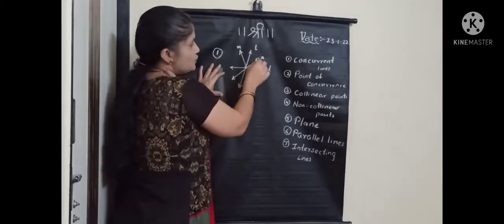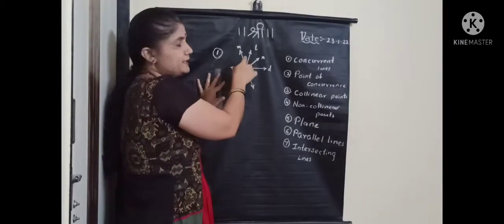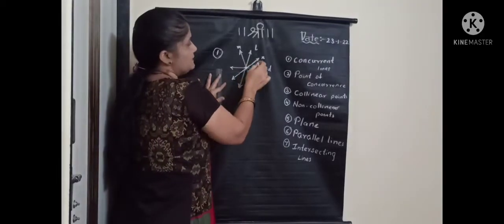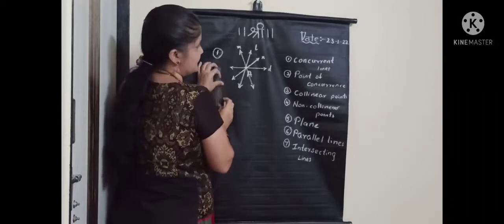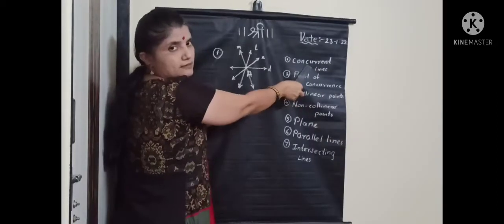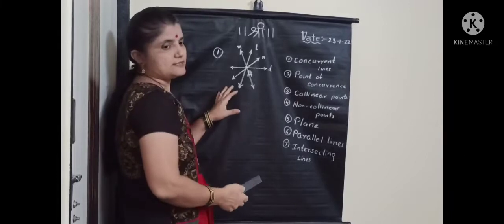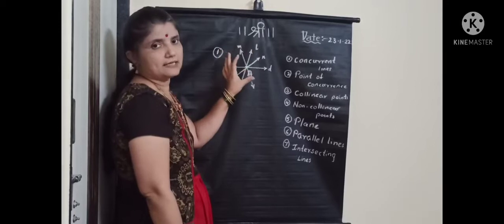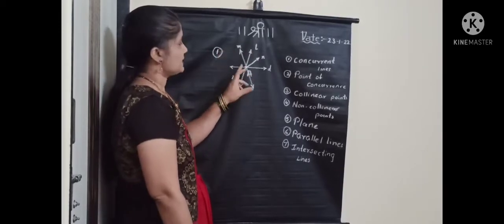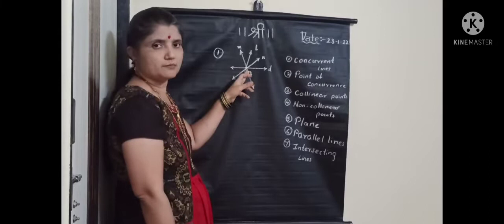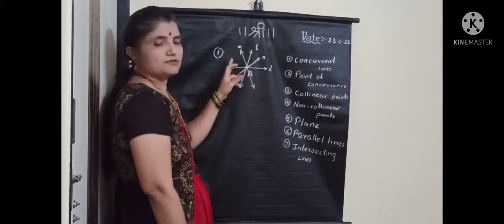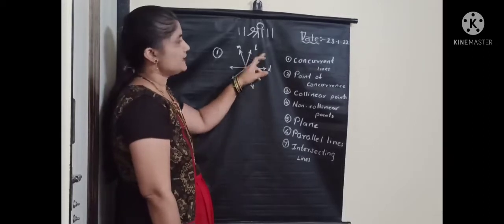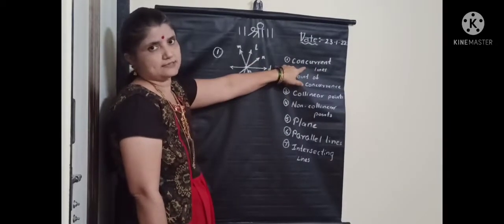Now if many lines pass through one point A, these lines are said to be concurrent lines. Now listen carefully. Many different lines, an indefinite number of lines, pass through one point. The lines which pass through one single point are called concurrent lines.